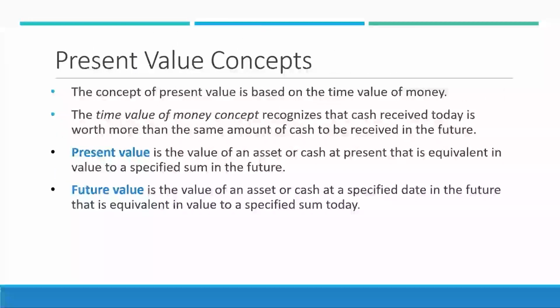And the present value is the value of an asset or cash at the present. And then the future value is the value that's in the future.